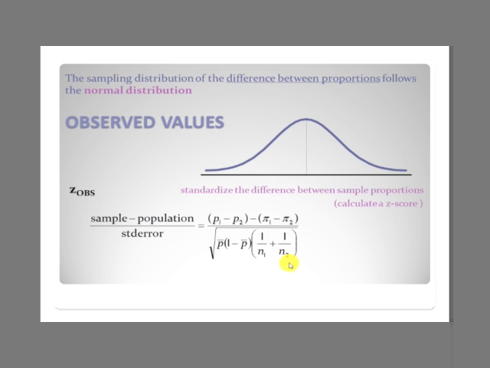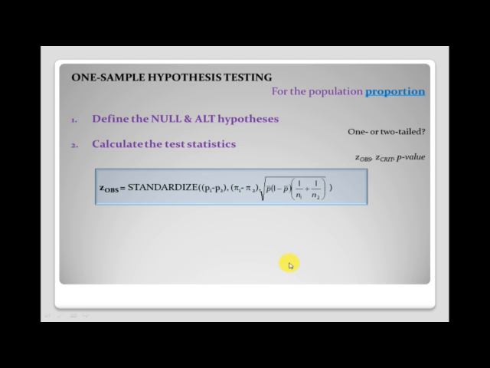And this is how you would calculate the proportion between two groups. So that P bar is the common proportion, similar to an average, but that's the way that you would combine it and incorporate both sample sizes.